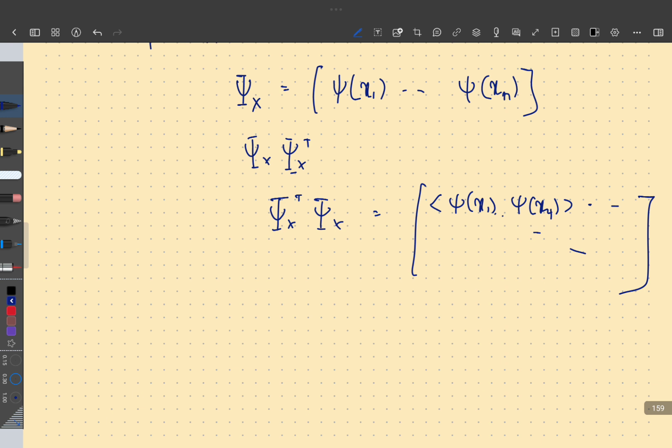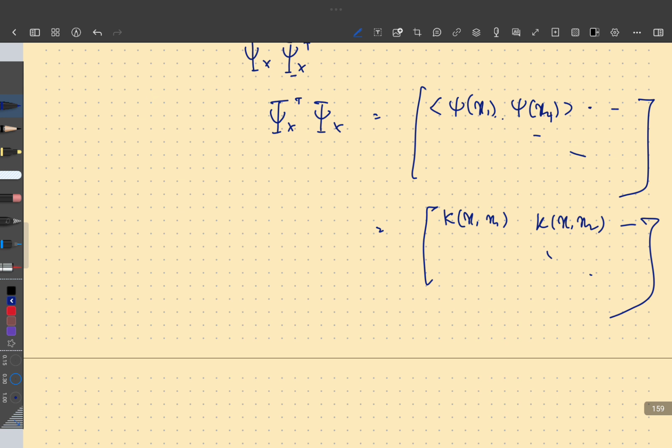But the inner product between psi of xi and psi of xj is just k of xi xj. So this is nothing but a matrix k of x1 x1, k of x1 x2, and so on.